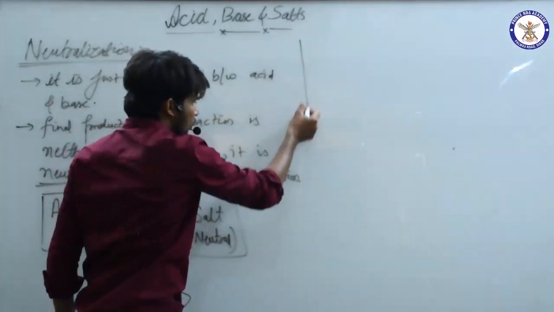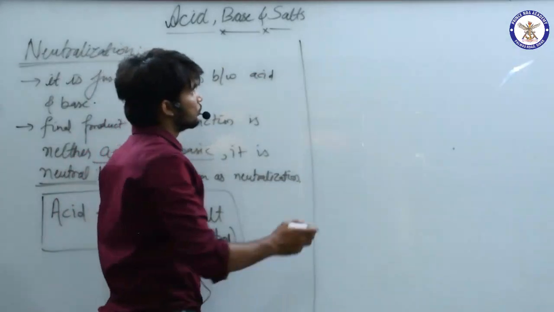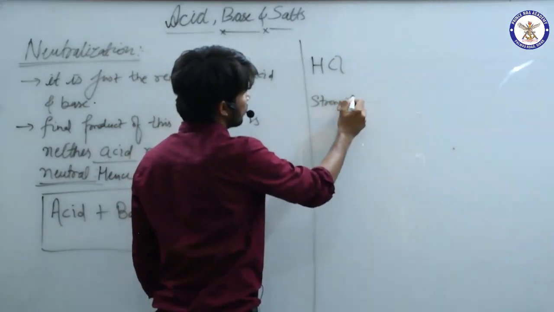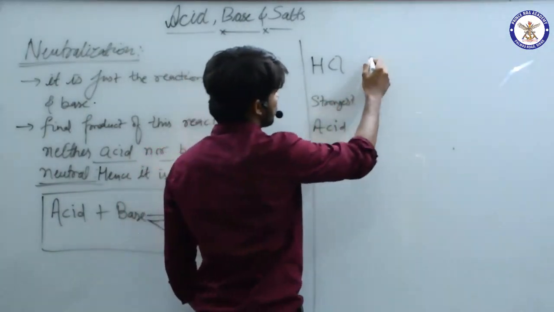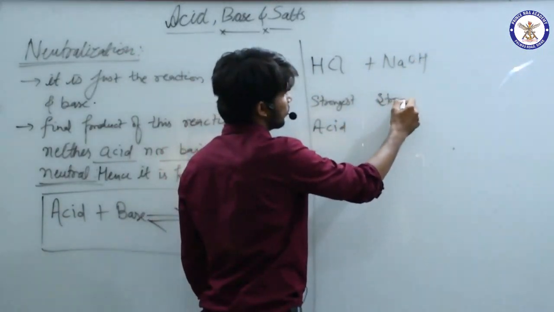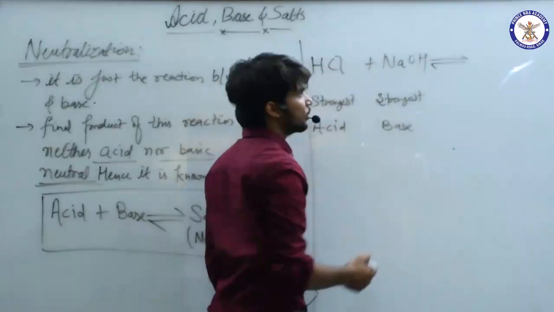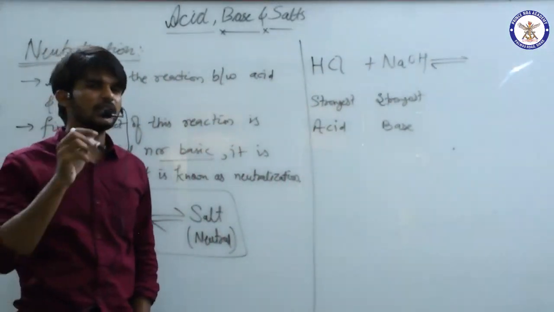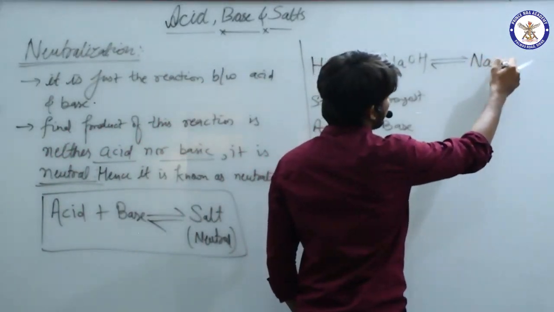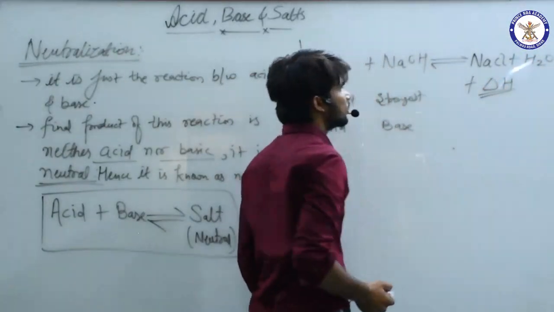You know which is the most acidic and which is the most basic. HCl is the strongest acid, plus NaOH, the strongest base. If you put these two in a beaker and shake a little bit, the final products are NaCl plus H2O plus energy.